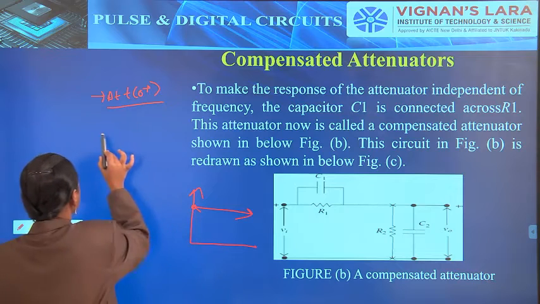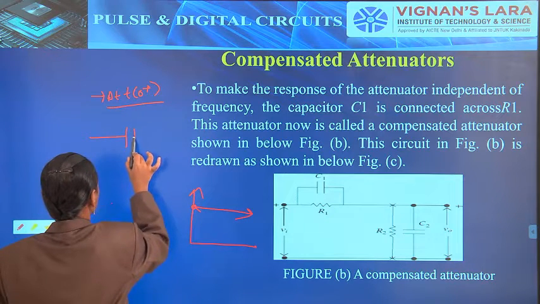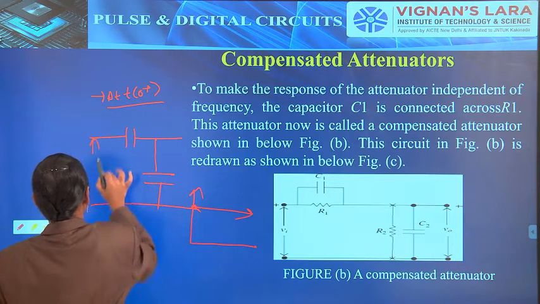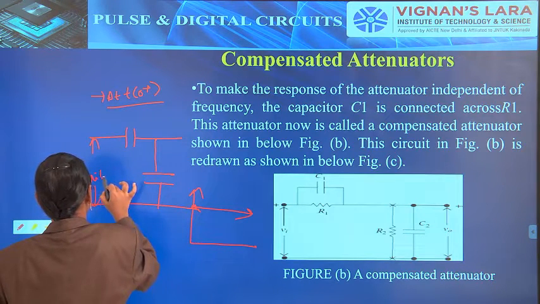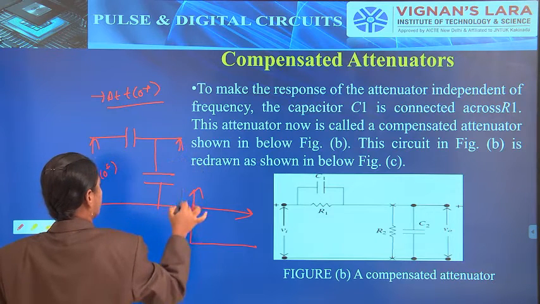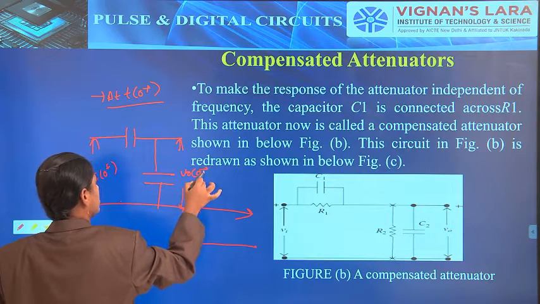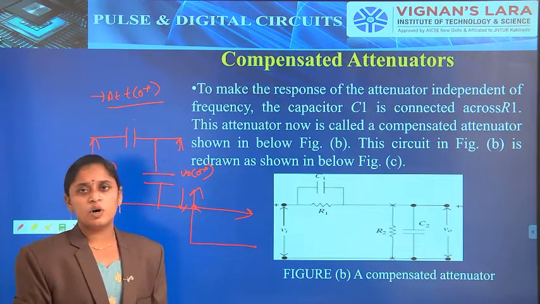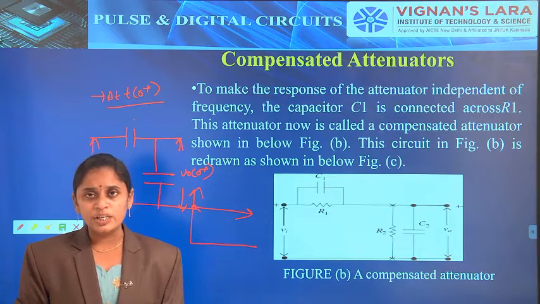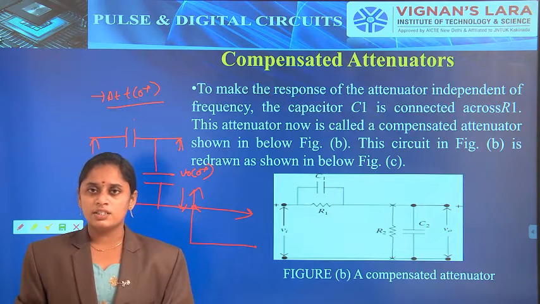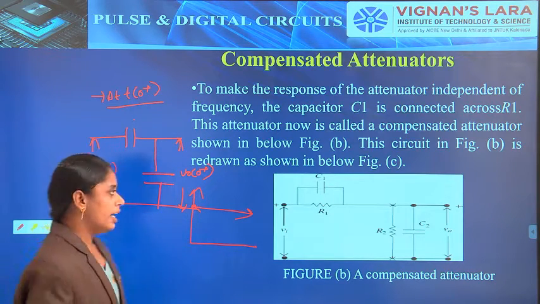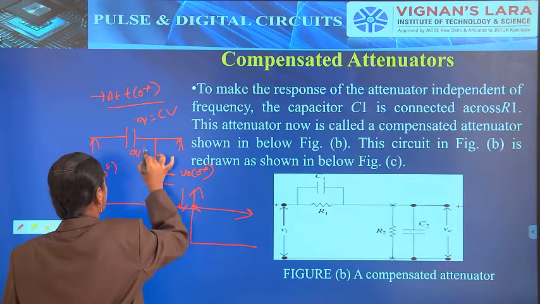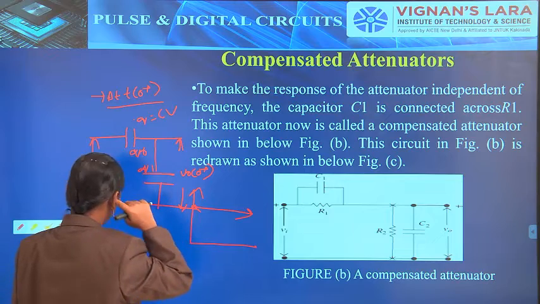This is Vi of 0 plus and V naught of 0 plus. Generally the charge stored in the capacitor is Q, and we know that Q is equal to CV, so it is represented with Q0, Q1 or Q2.